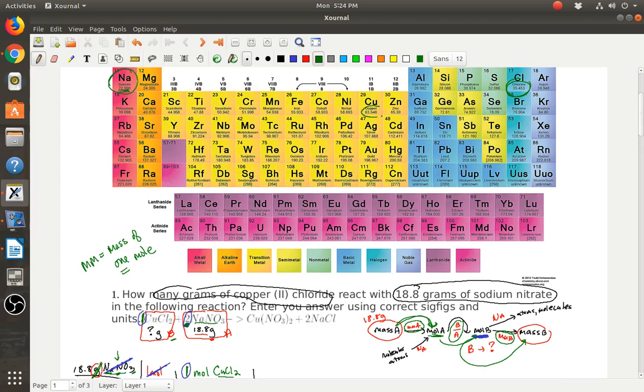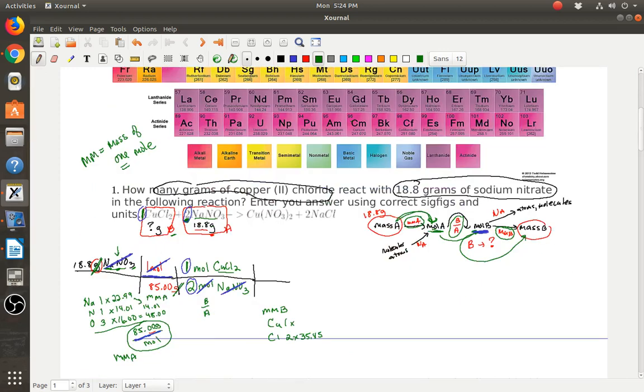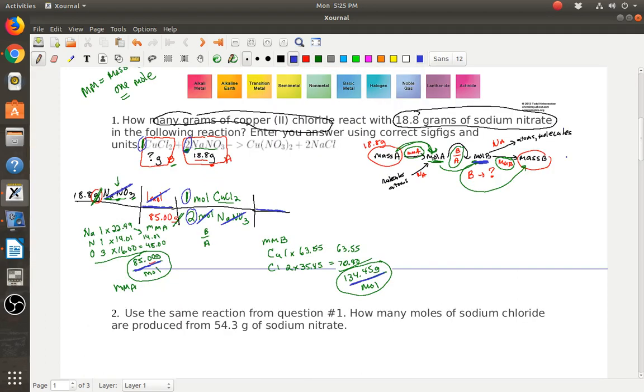Copper is 63.55. Okay? All right, this is 70.90 and 63.55. Add it together, and it's going to give me the molar mass of copper 2 chloride. It's 134.45. I think it might have been 0.44 on the quiz because the periodic table had a slightly different number for this one.